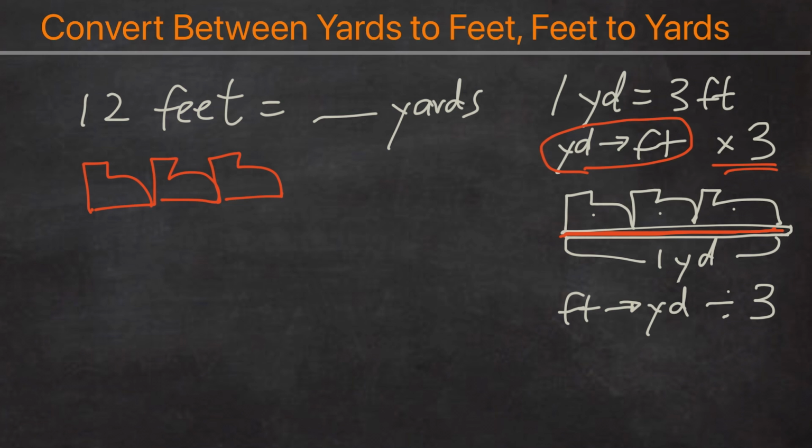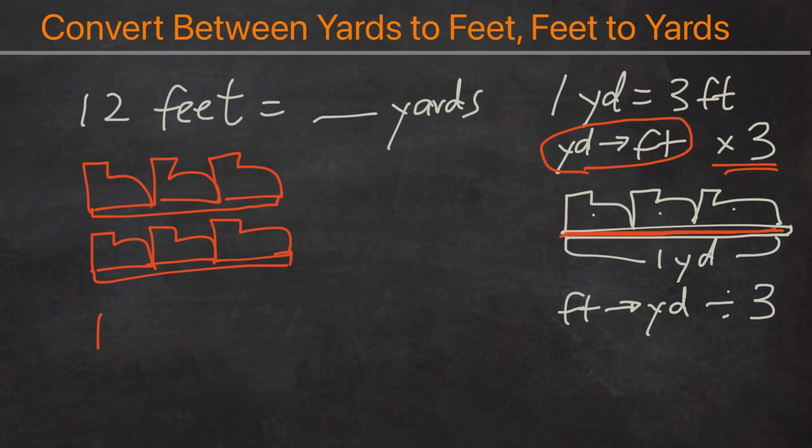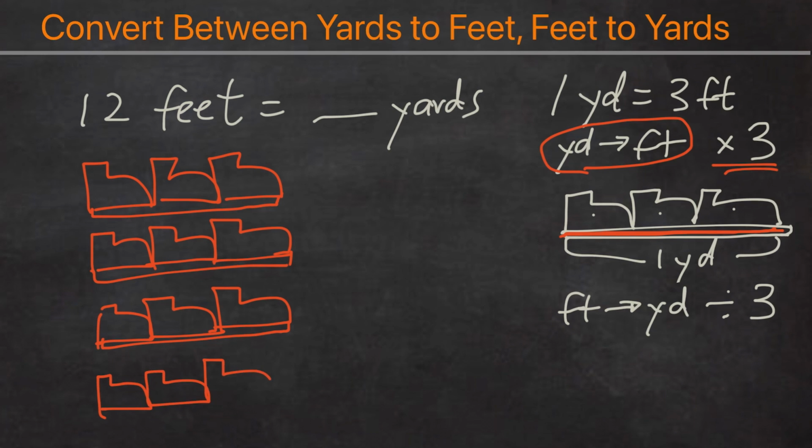And we know 3 feet is 1 yard. So we're going to place them like so. Then we have the second group. Okay, so that's another yard. That's the third yard. Again, drawing is not great, but you get the picture.